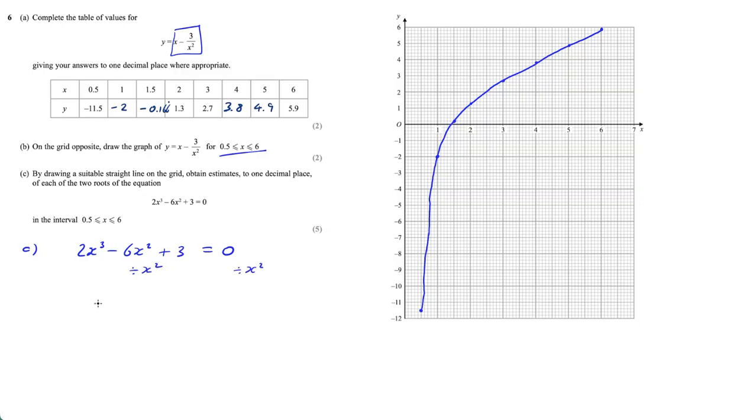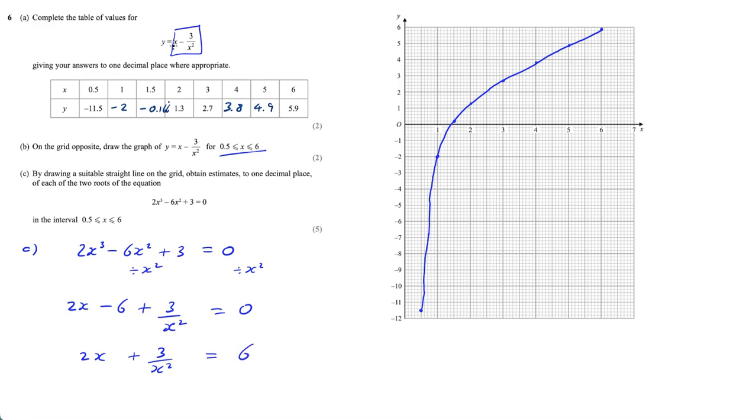Okay, this gives me 2x, because I'm dividing this by x squared, minus 6 and plus 3 over x squared. Okay, and this equals 0. Now let's just bring over the 6, so that's 2x plus 3 over x squared equals 6.